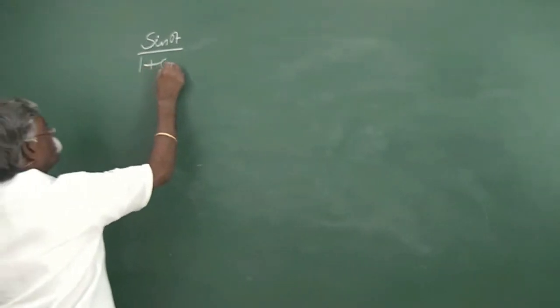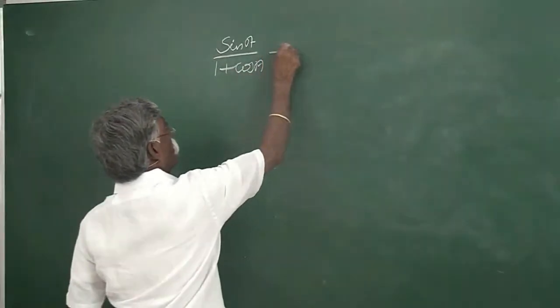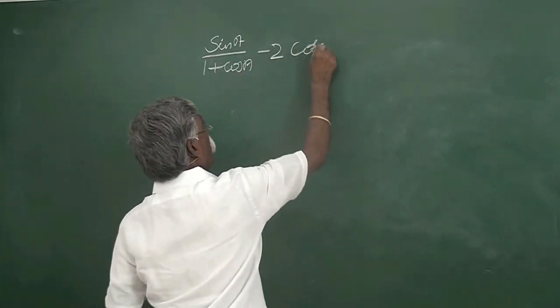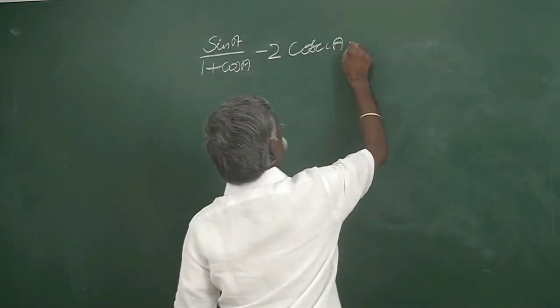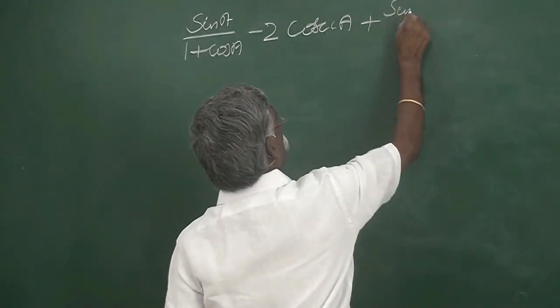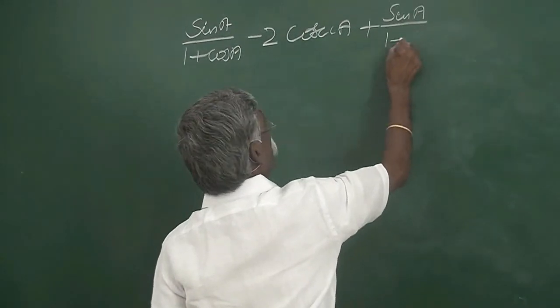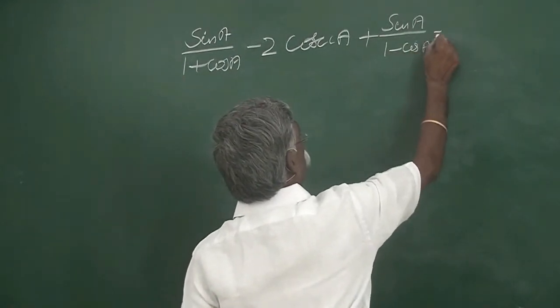Sin A by 1 plus cos A minus 2 cosecant A plus sin A by 1 minus cos A equals 0.